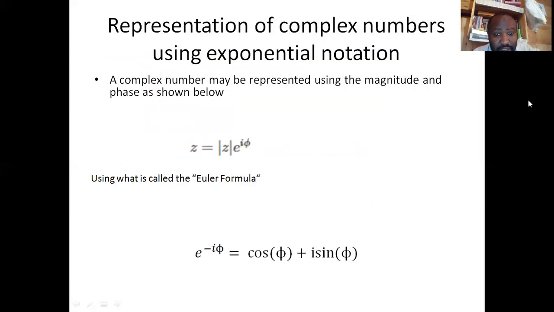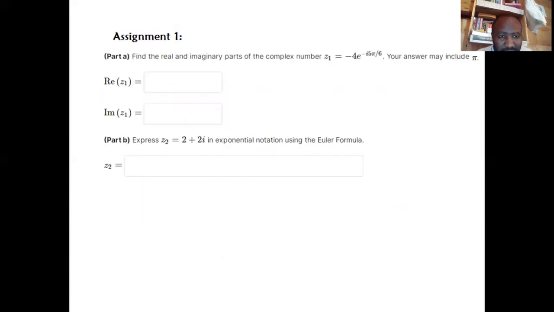Yeah, this is the exponential notation. So you need to compute the magnitude and the phase, then you write the complex number in this format.